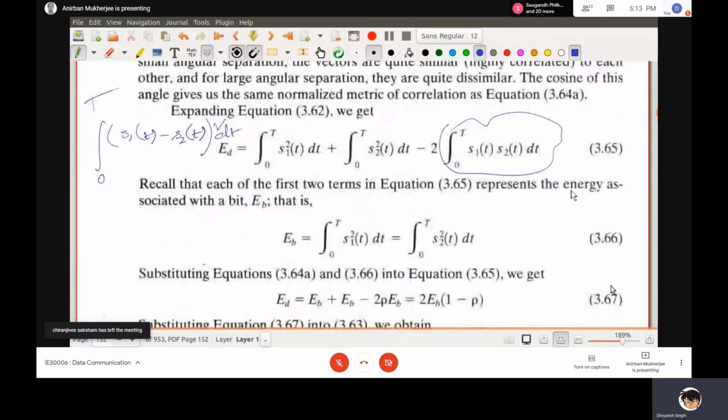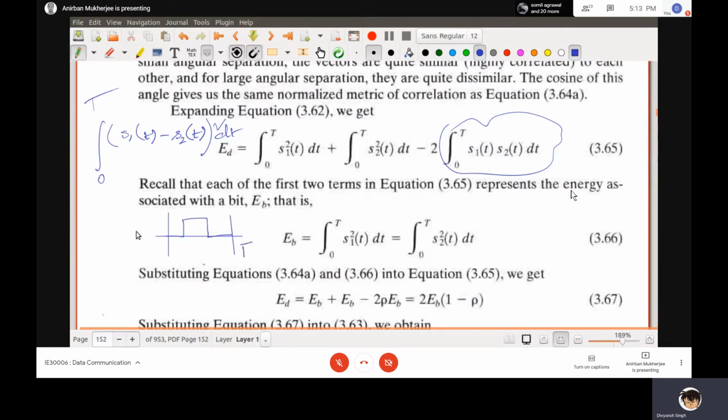Also, for the individual ones, S1(t) and S2(t), I have defined S1(t) for logical 0 and S2(t) for logical 1. I am assuming that I have chosen them in such a way that they are of equal energy. Say I have defined S1(t) something like this.